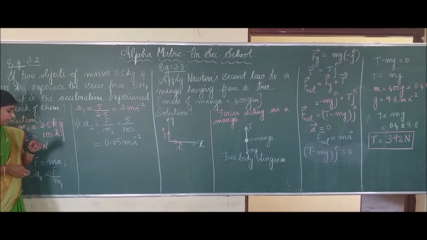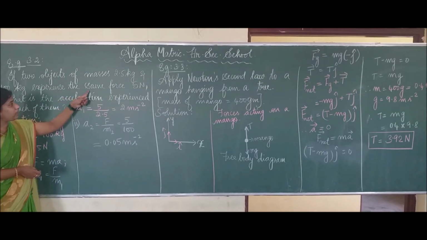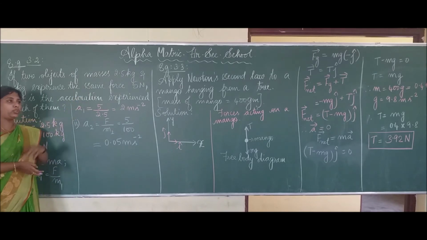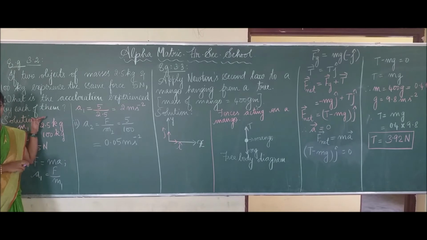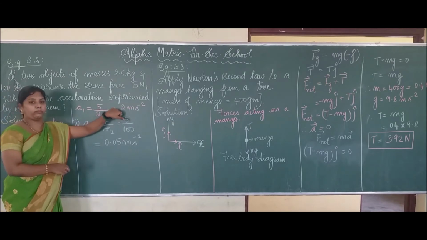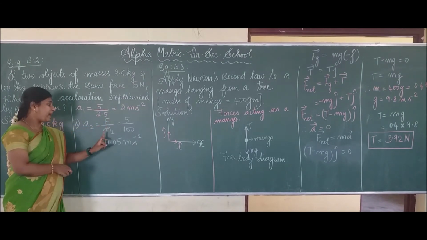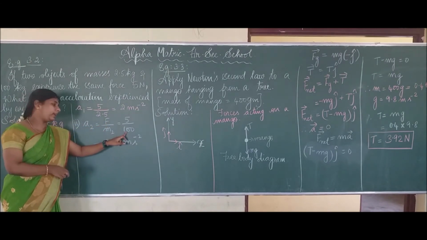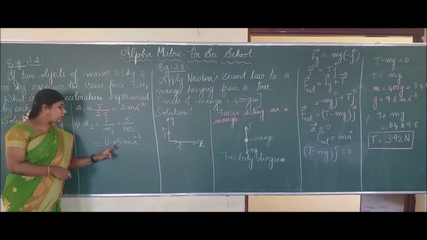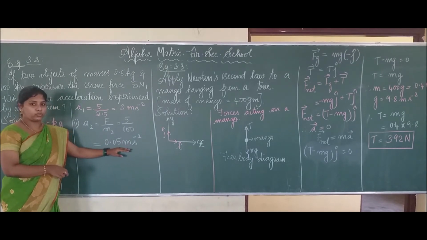Okay, so we should note it. The force acting on the two bodies is the same, but the masses are different. For the mass of 2.5 kg, the acceleration is 2 m/s squared. For the mass of 100 kg, the acceleration is 0.05 m/s squared.